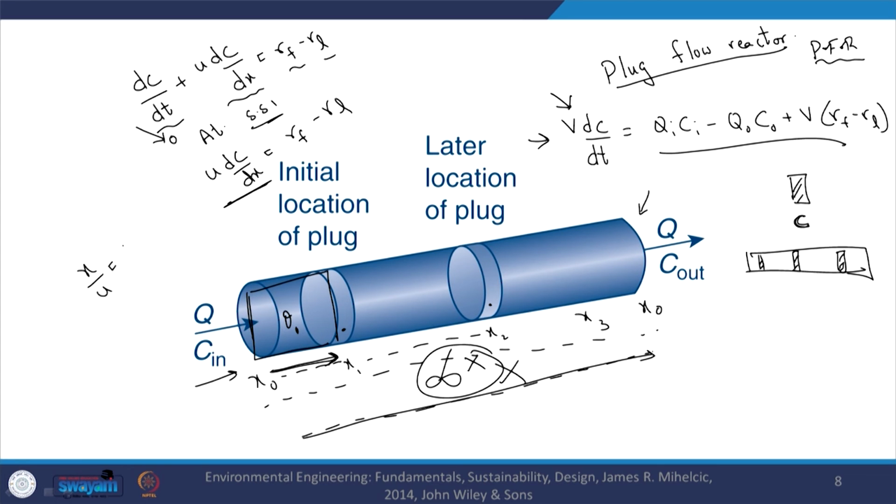So, x by u I am going to call it as theta or the hydraulic retention time. I will write that out here, hydraulic retention time. It gives me an idea about how much time the particular compound or by conjunction the fluid spends in that reactor, x by u.